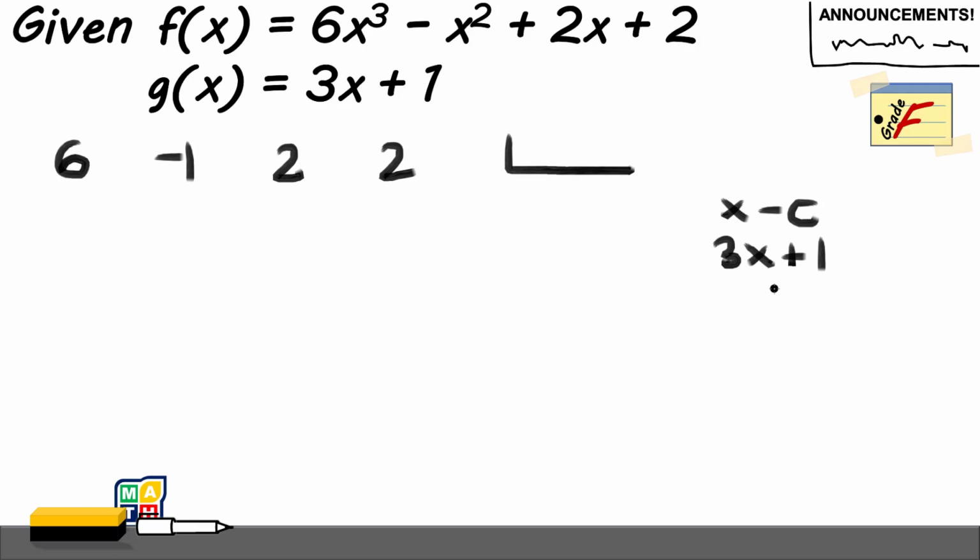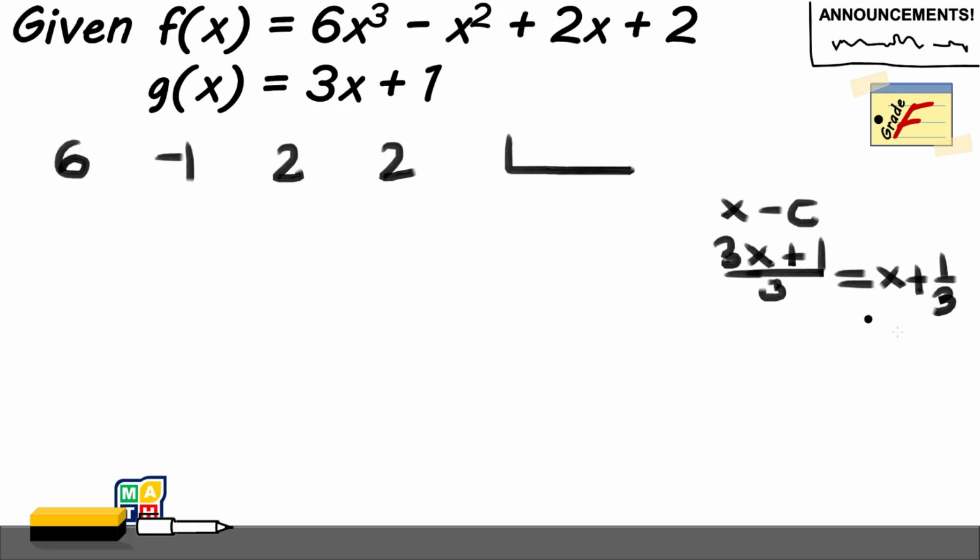But we need to make sure that it will exactly look like this, x minus c here. So since we have a coefficient of 3 in this x term, let's divide both terms by 3. Then we have here x and then plus 1/3, right? Because we have 3 here and 1/3 there.